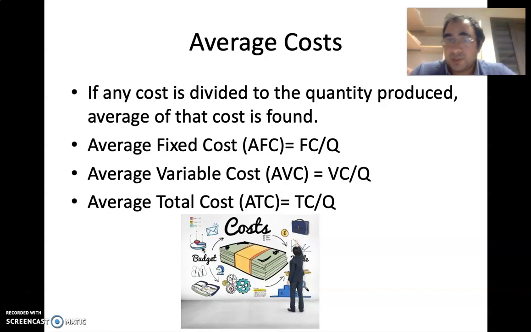Basically, that's our interest. The 3 critical variables we will use are the average fixed cost, average variable cost, and average total cost, in addition to the marginal cost, which we have already seen. And all of them are found by dividing the overall quantities like fixed cost, variable cost, and total cost by the quantity we produce.